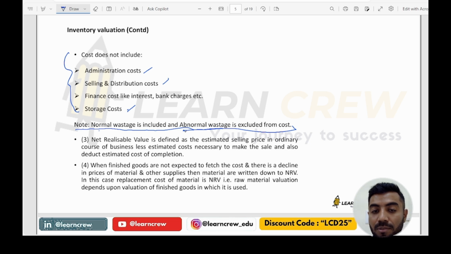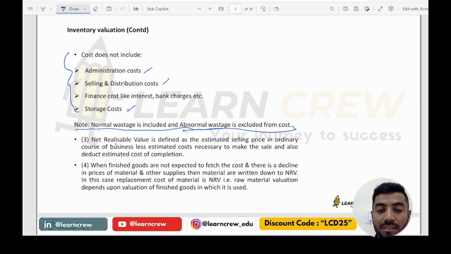Abnormal wastage is to be given effect in the P&L account, as loss by fire or loss by theft, whatever name is given. So normal wastage will be directly included in the cost of an inventory, but abnormal wastage will not be included in the cost. Okay, done.